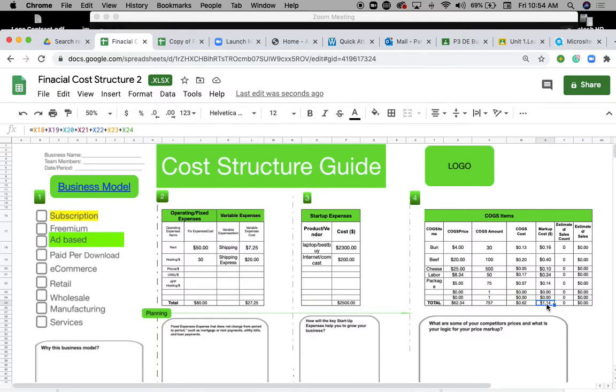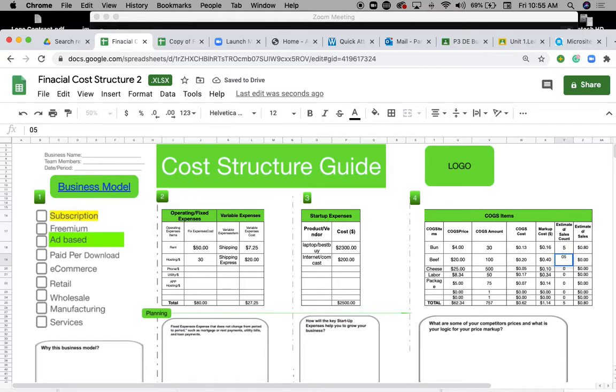Okay, now you look at the bottom. It costs me $1.14. Estimated sale count. Let's say we sell each one, I'm just giving a quick little 5.